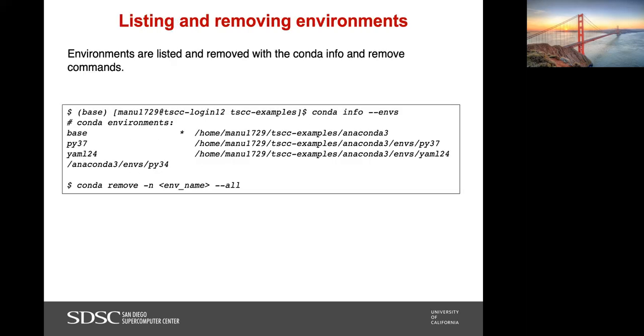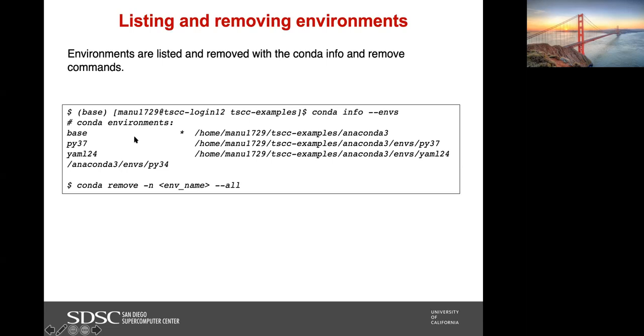So once I have created those environments, how do you see what environments you have? For that, you need to run this command, which is conda info --envs. Once you do that, you'll see that there are 3 environments.